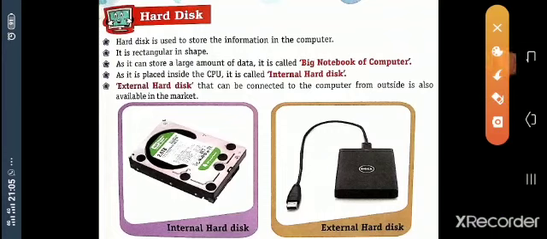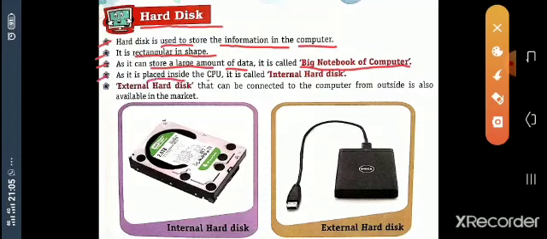Now next topic, hard disk. Hard disk is used to store the information in the computer. It is rectangular in shape as it can store a large amount of data. It is called the big notebook of the computer as it is placed inside the CPU.